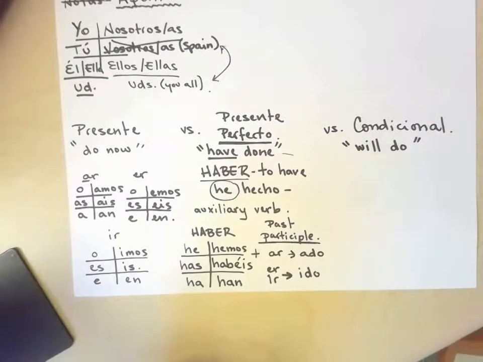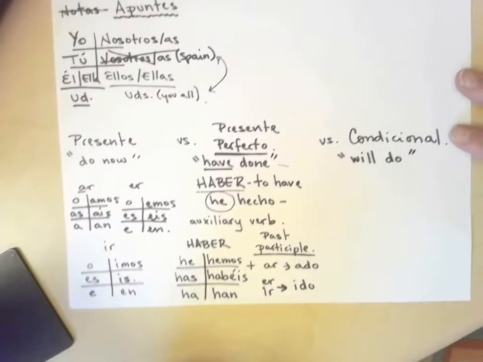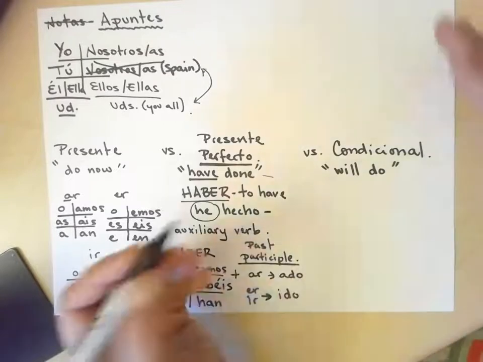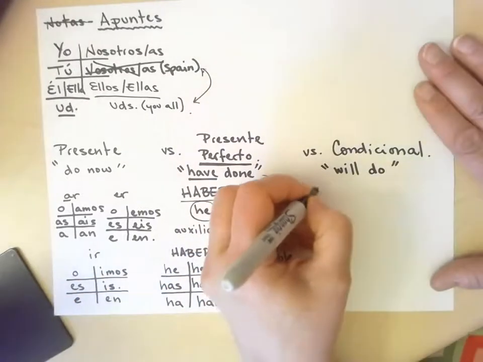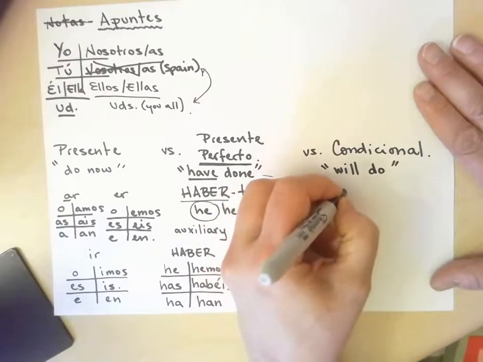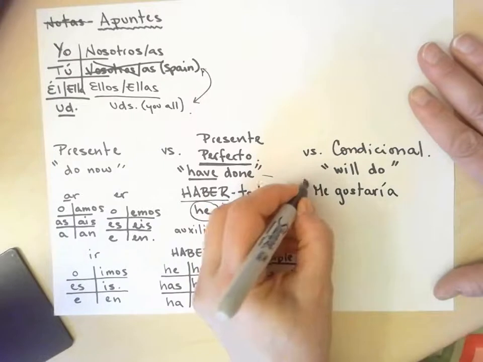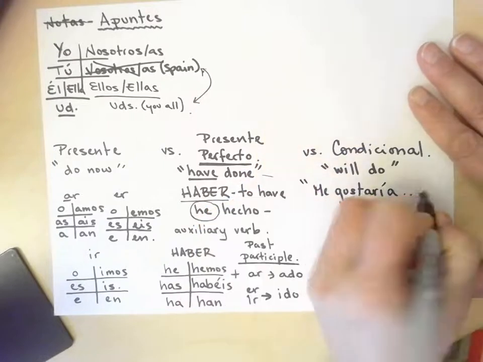El condicional. Condicional, chicos. It is one of the easiest tenses to create. Okay? Why is it conditional? Because if I say, let's say a very common expression, me gustaría, I would like.